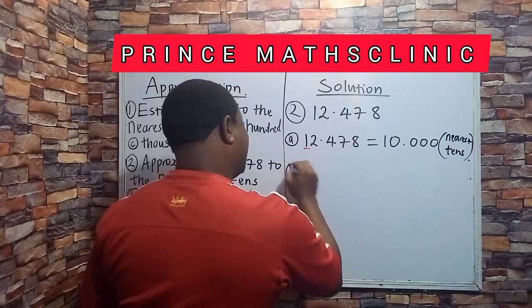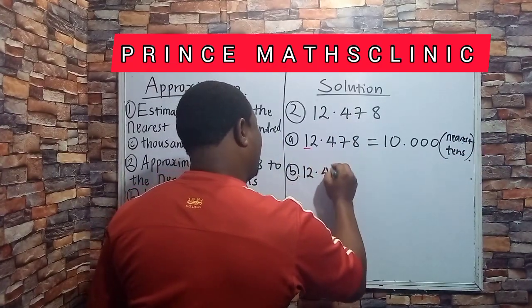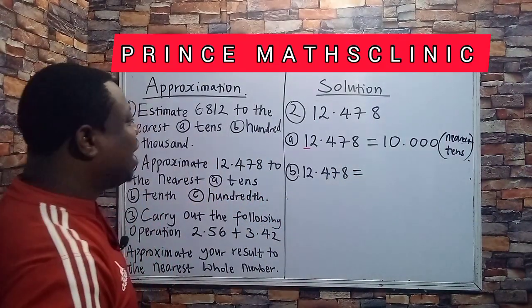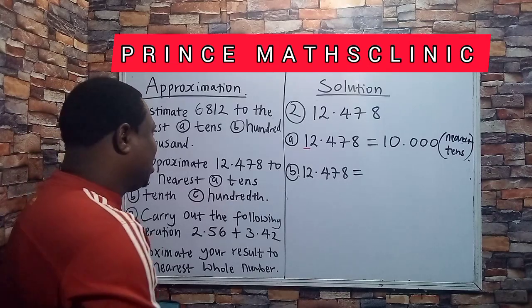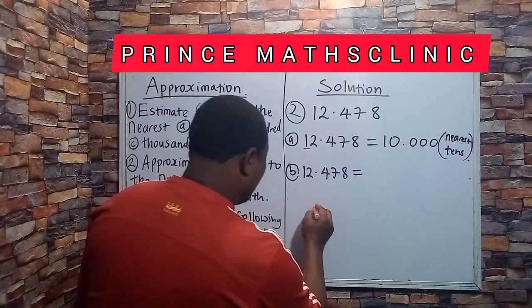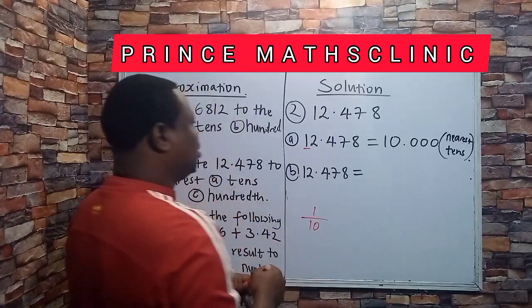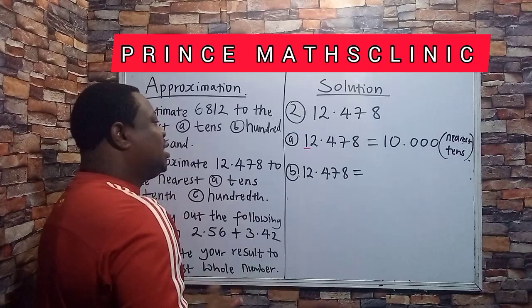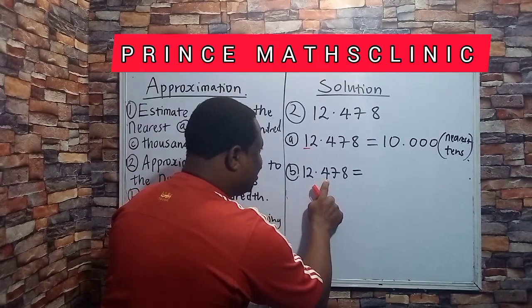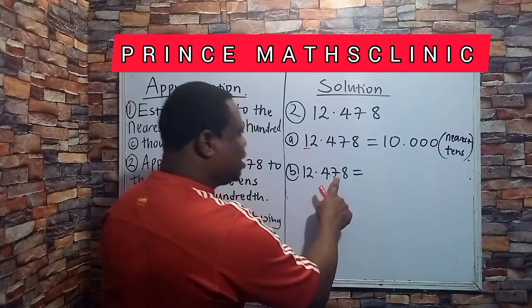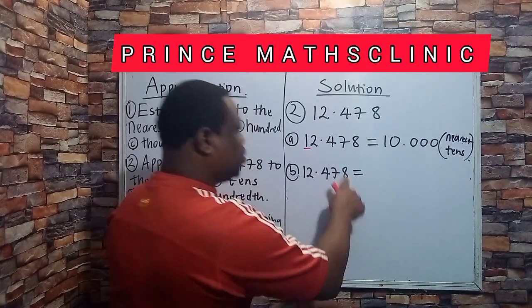Then the B part, 12.478. To the nearest tenth. This is TENTH. Tenth means 1 over 10. Now, this is tenth, hundredth, thousandth.